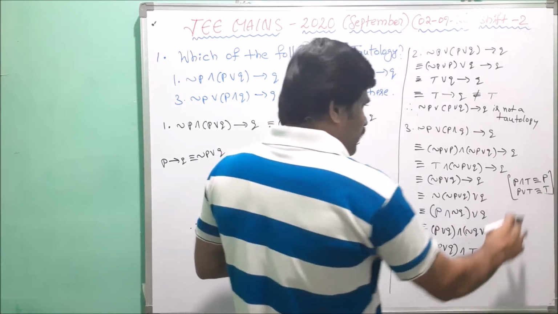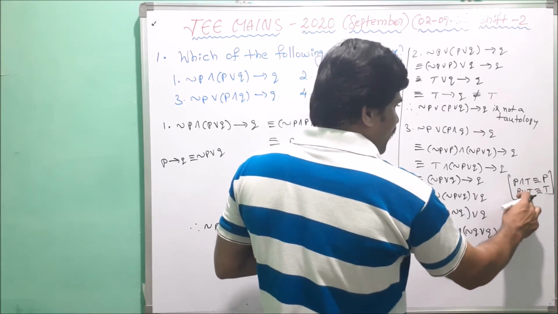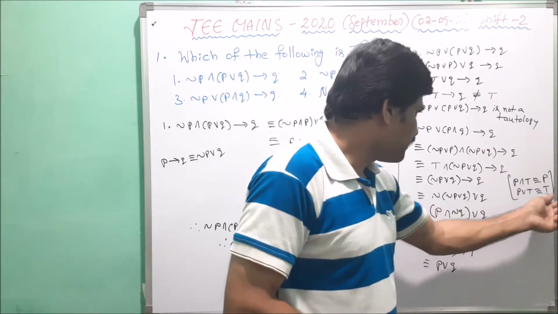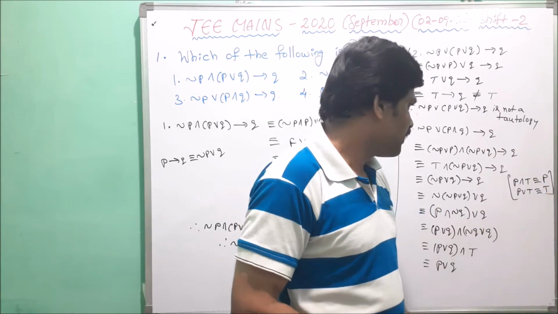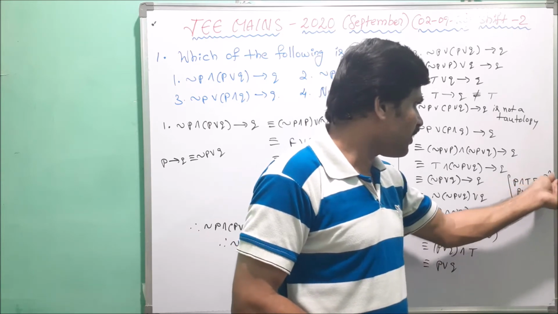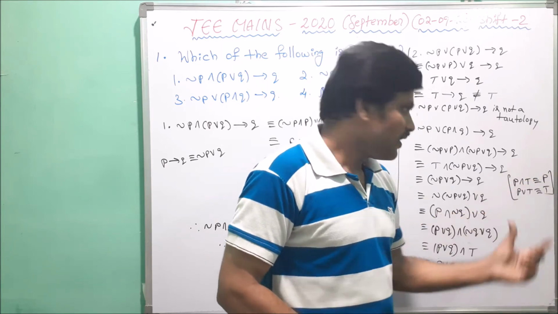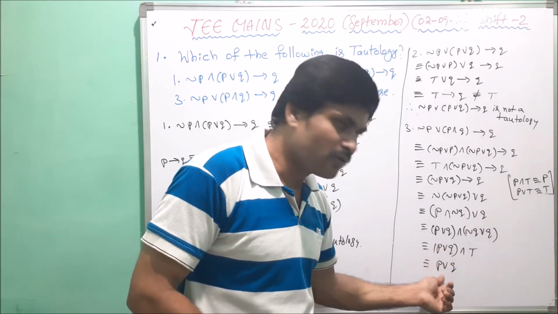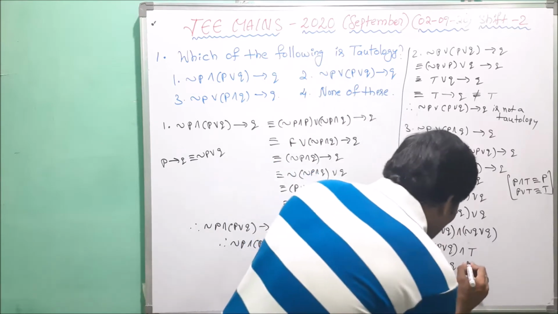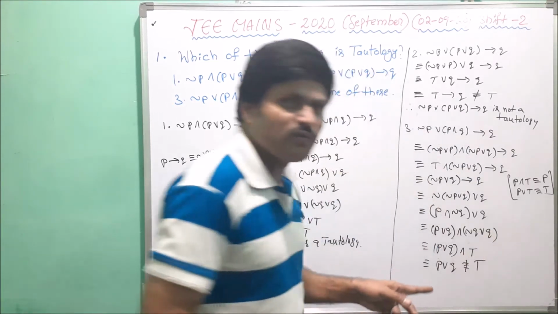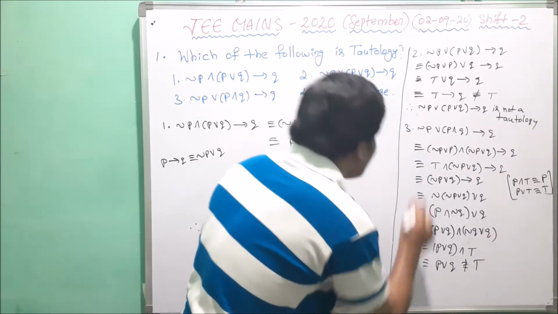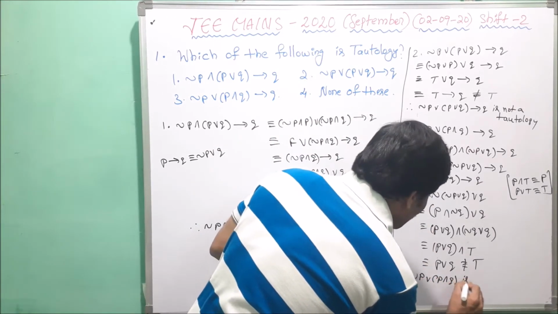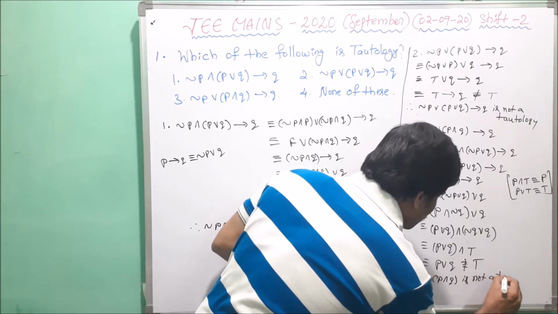So using the second condition, (P or Q) and T is equivalent to P or Q. So this is not always a truthful statement. Therefore, the third option, negation P or (P and Q) implies Q, is not a tautology.